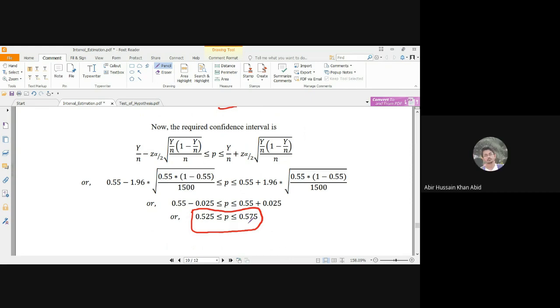Sir, if the range is up to 0.675, and the barrier percentage is 60%, then will he be winner or loser, sir? You want to say the lower limit is less than the boundary, upper limit is greater than the boundary. Yes, sir. Right? Then it will be positive, but use the word may.